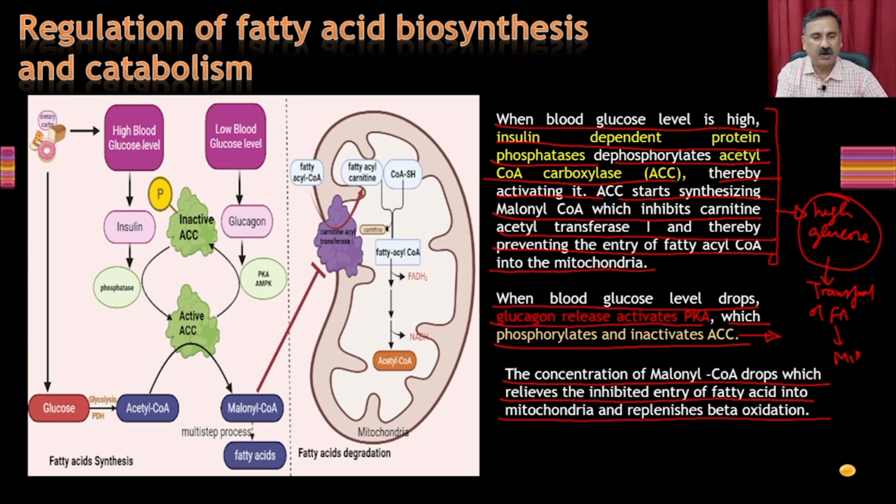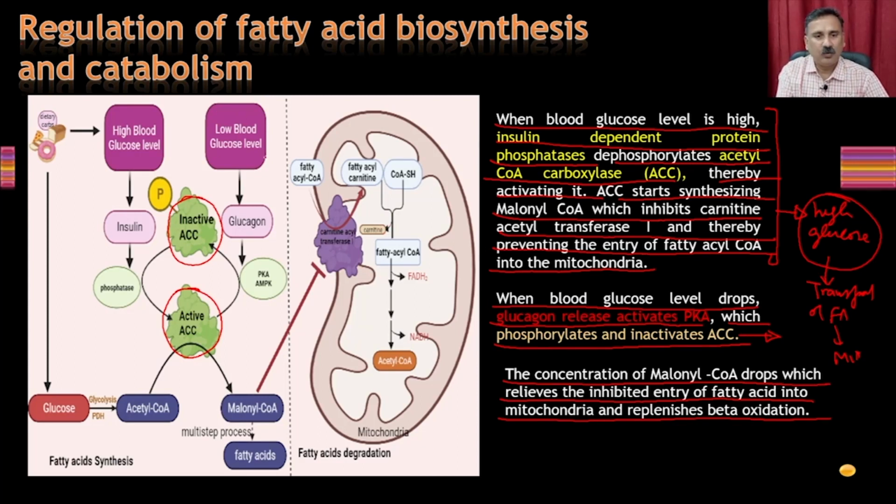So this is all about the conditions when you have high glucose versus low glucose. When you have high blood glucose, it is going to induce the insulin dependent phosphatase activity, and that is going to convert inactive ACC into active ACC, and as a result it is going to inhibit the fatty acid transport into the mitochondria, and that's how it is going to block beta oxidation.